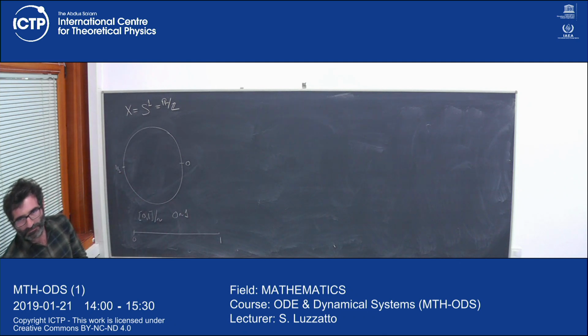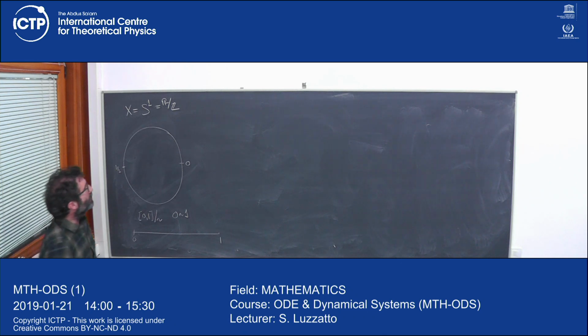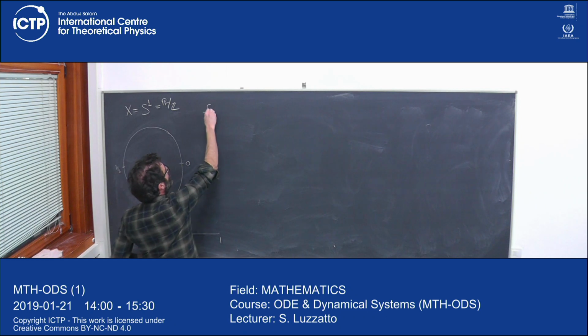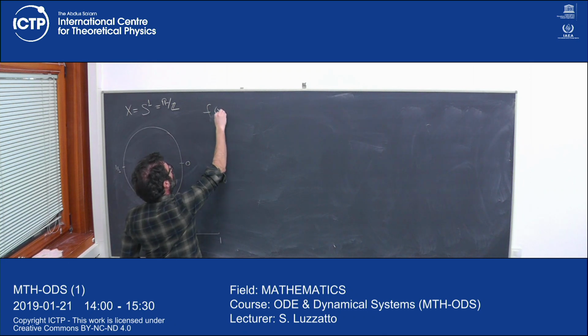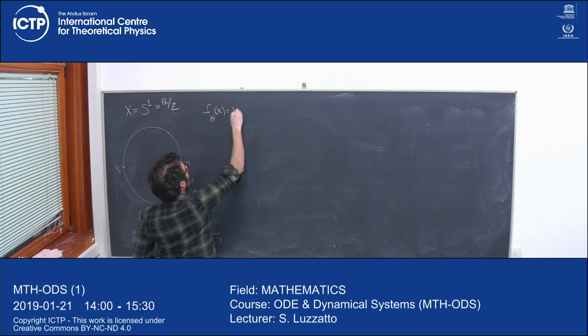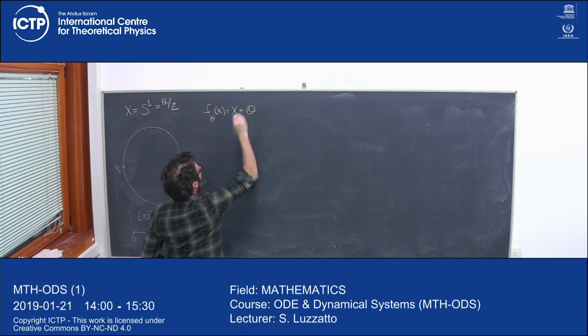The unit circle. And now we can define a map or a class of maps. Let me call it f theta. So f theta of x is equal to x plus theta.